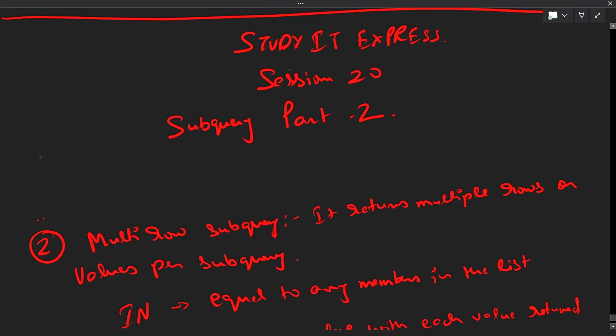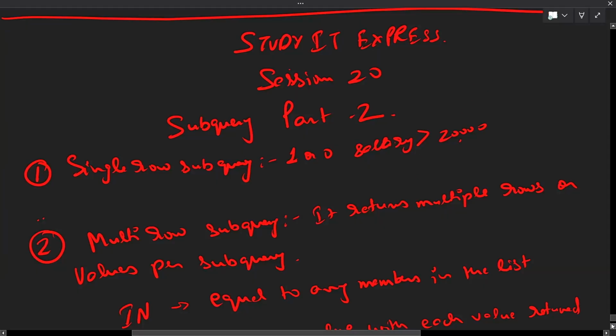In the last session, we studied the single row subquery. Just as a refresher, single row subquery means the answer is either one or zero. For example, if I say salary should be greater than 20,000, whatever is greater than 20,000 will come over here.